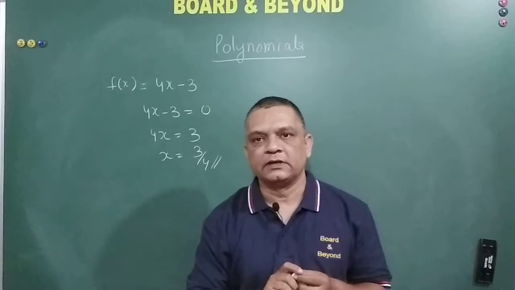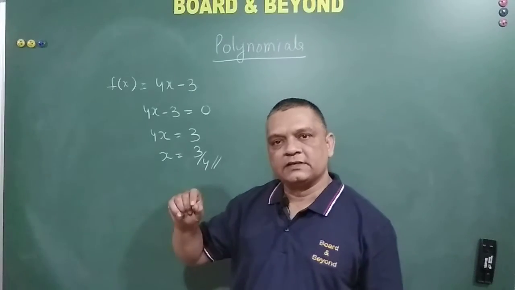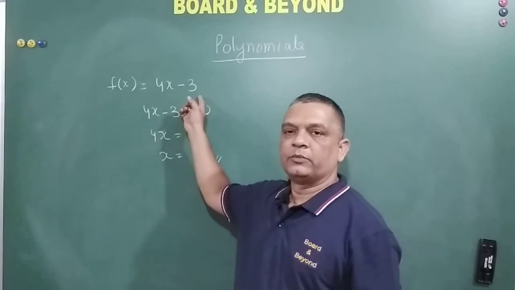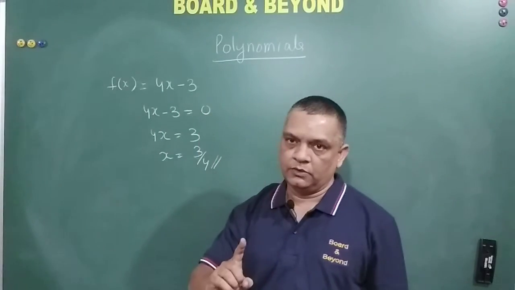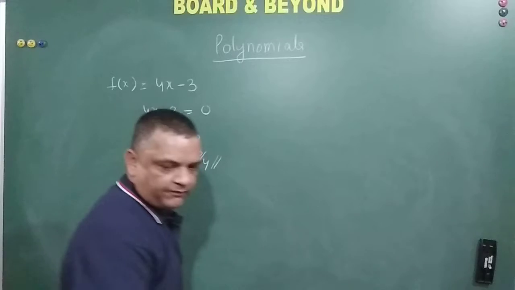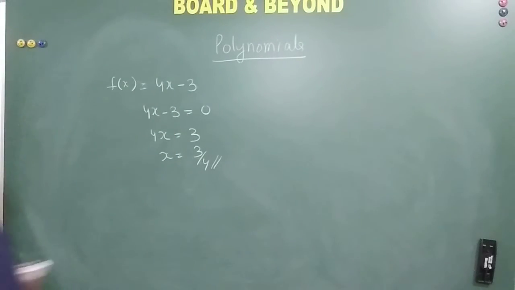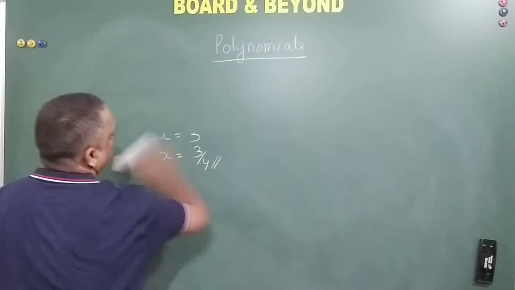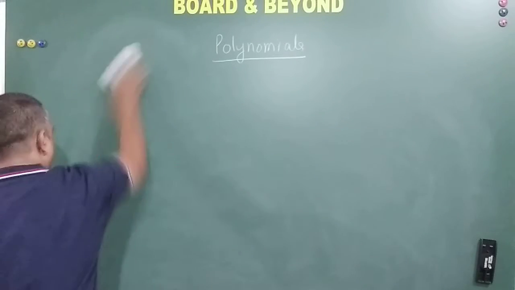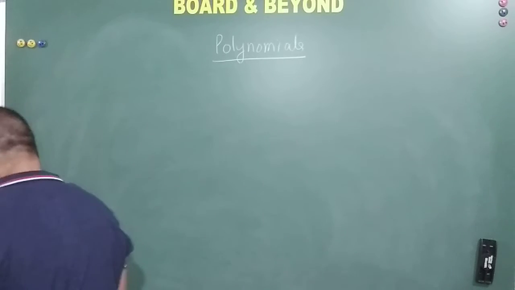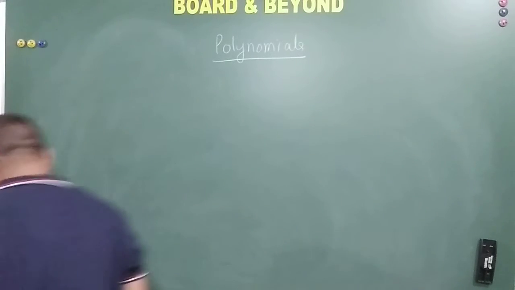In other words, if the value of x is 3 by 4, this linear polynomial value becomes 0. Okay, so fairly simple. Coming on to next, I will take up a quadratic polynomial.